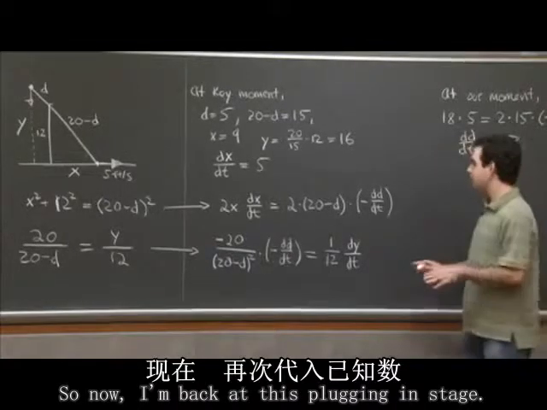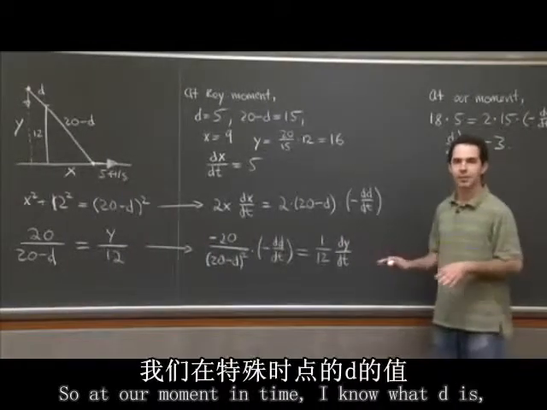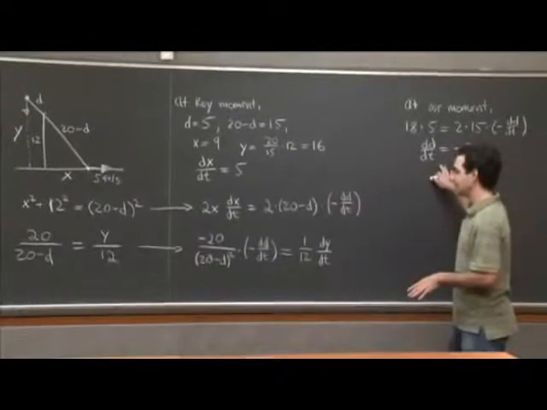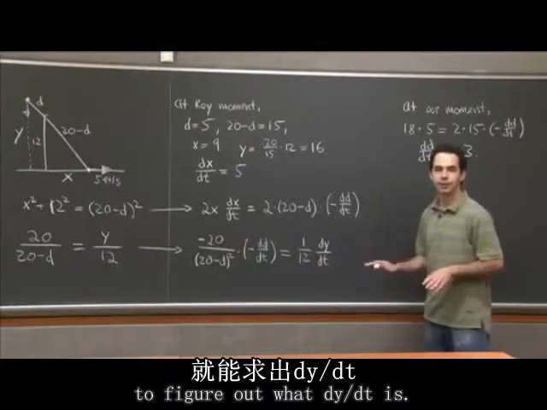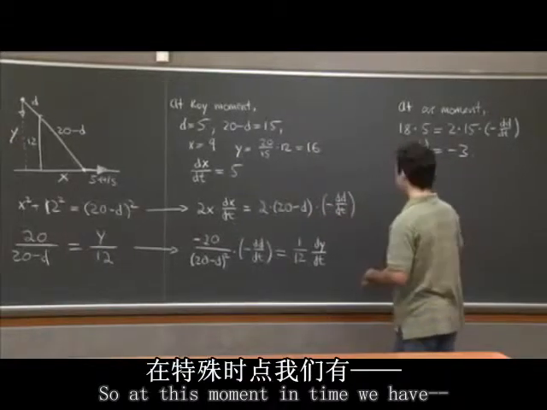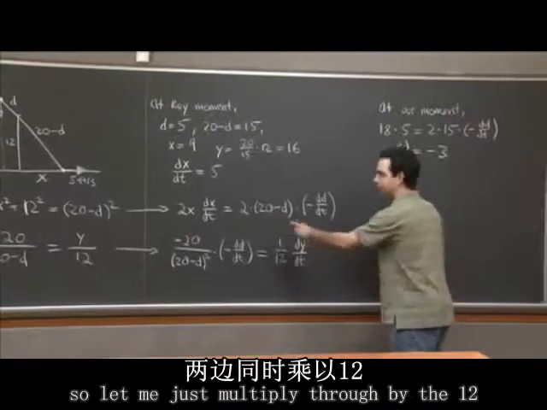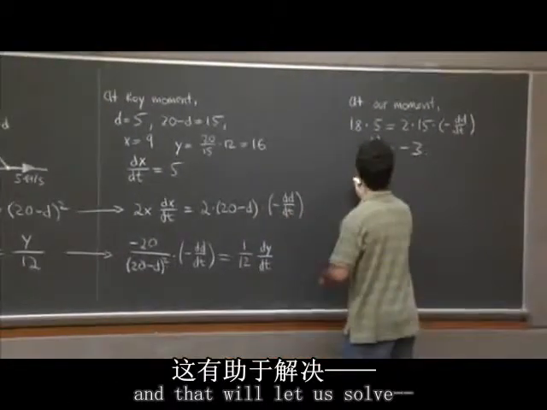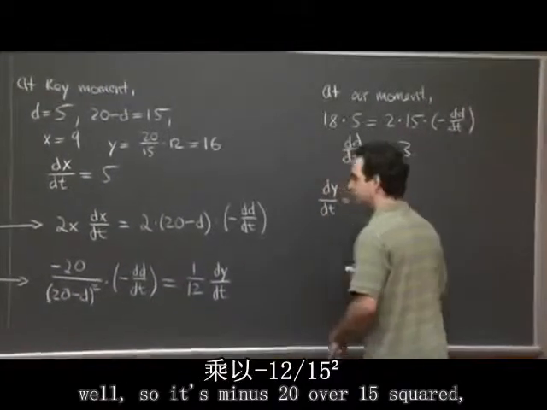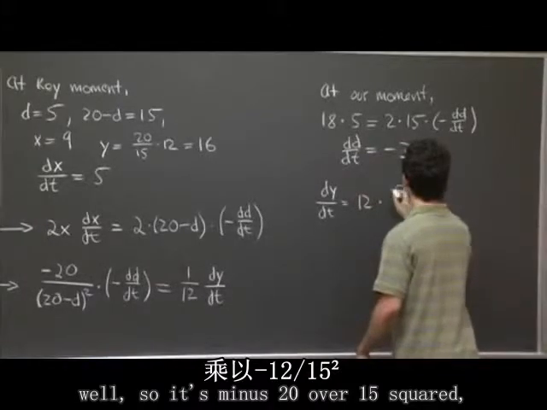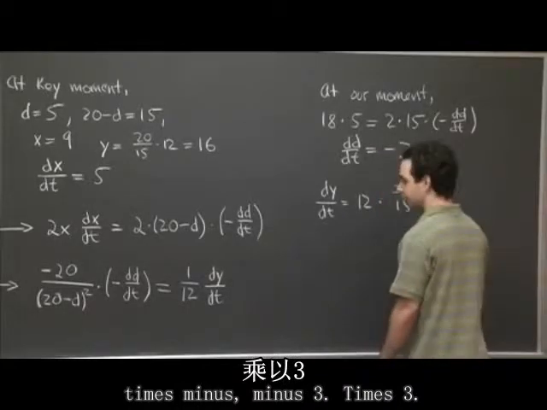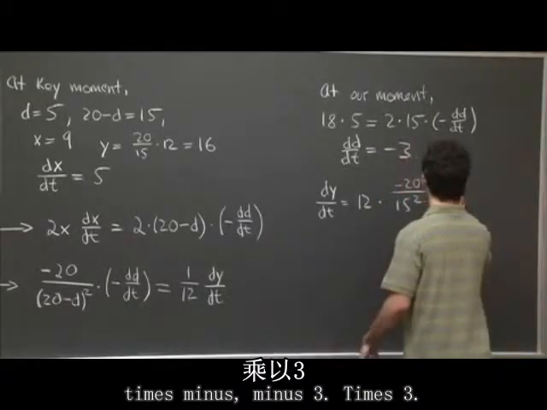So now I'm back at this plugging-in stage. At our moment in time, I know what d is, and I just figured out what dd/dt is, so I can just plug those values in to figure out what dy/dt is. Let me just multiply through by the 12, and that'll let us solve. So dy/dt is equal to 12 times minus 20 over 15 squared times minus 3 times 3.